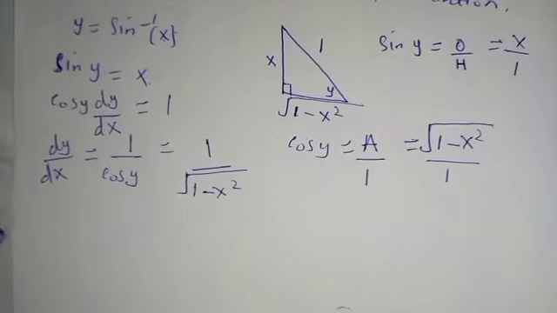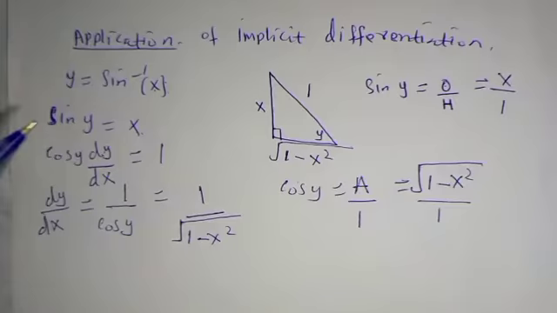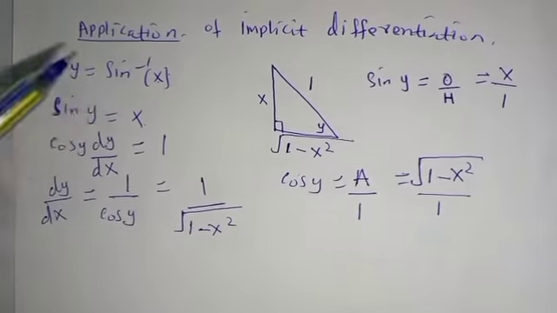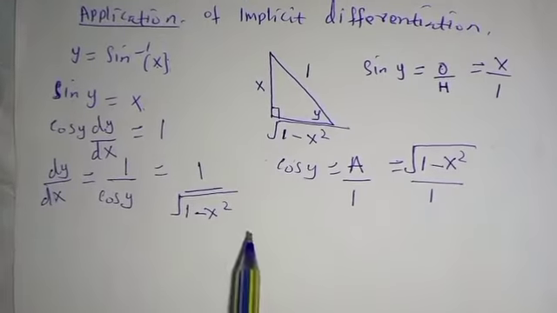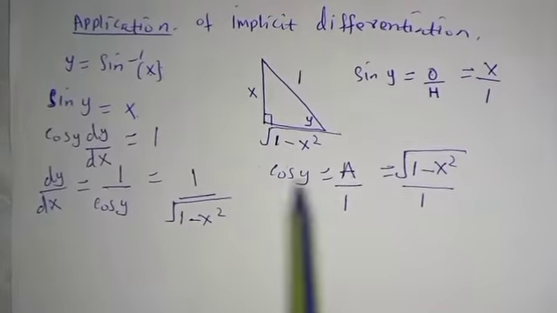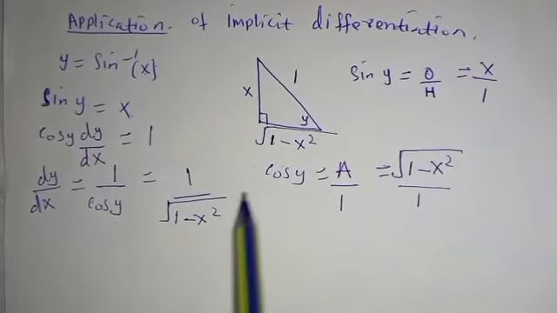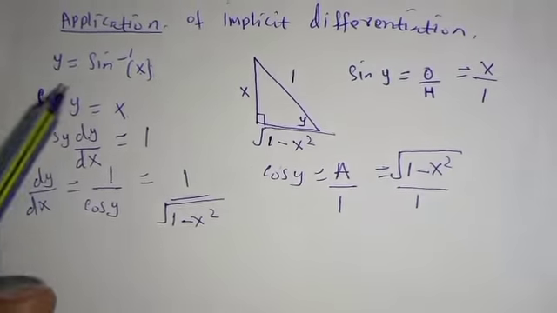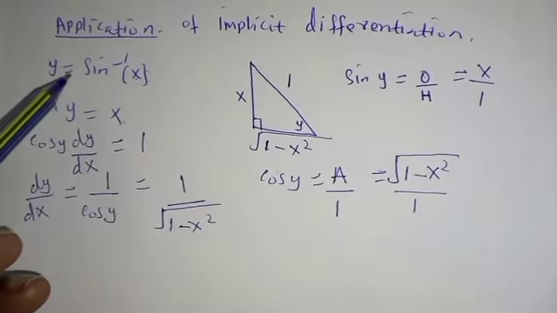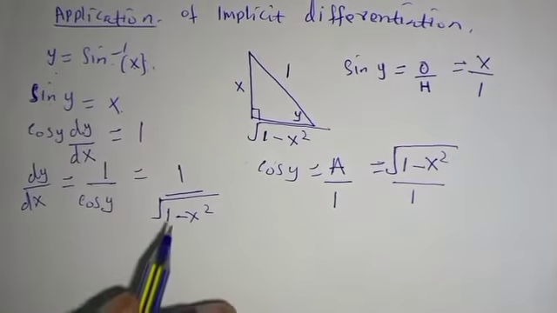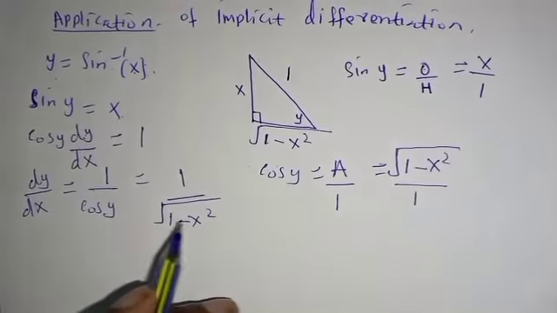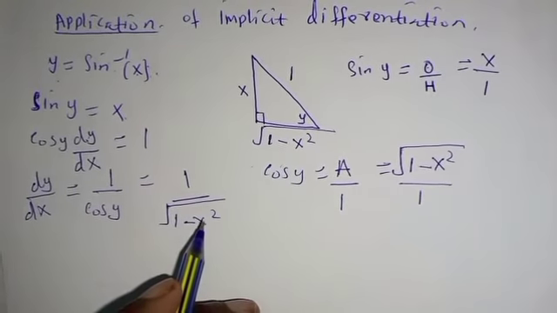For the derivative of other inverse trigonometric functions, you can check my channel, where I have derived all of them. But simply, that is what you do using implicit differentiation. So the derivative of sine inverse of x is equal to 1 divided by the square root of 1 minus x squared.